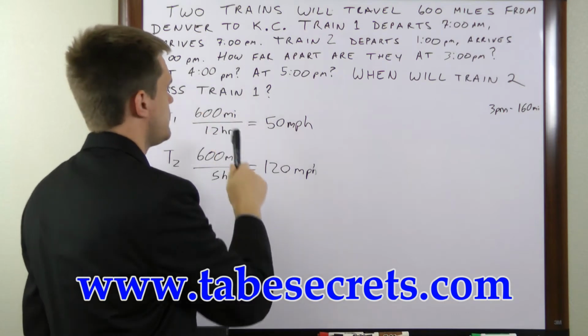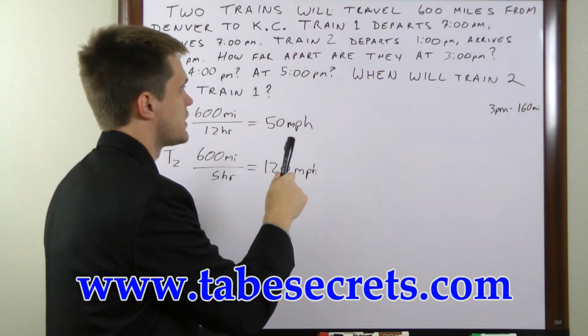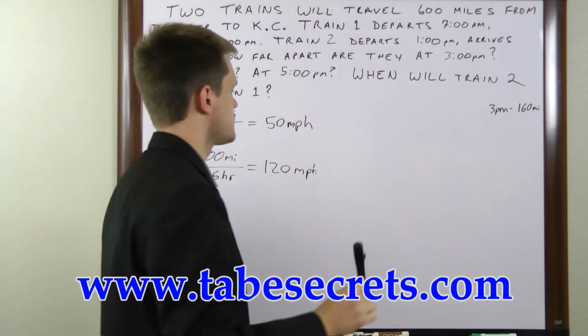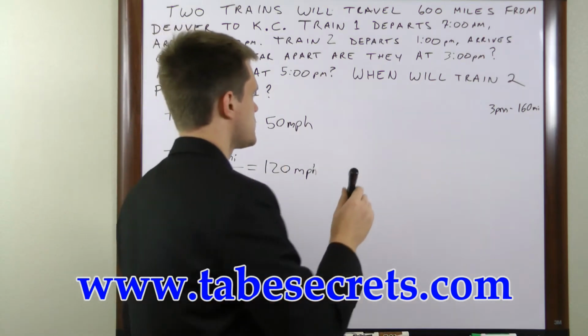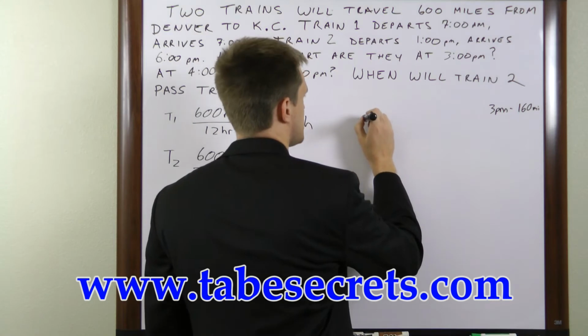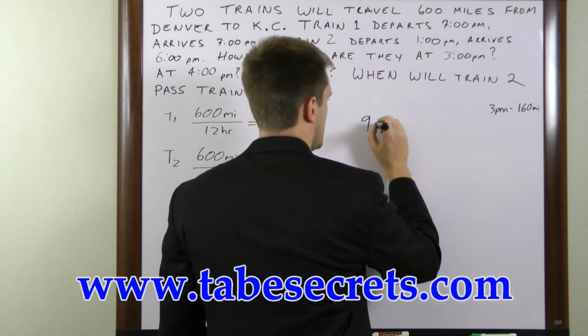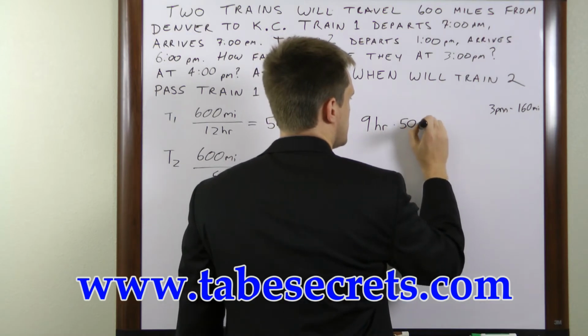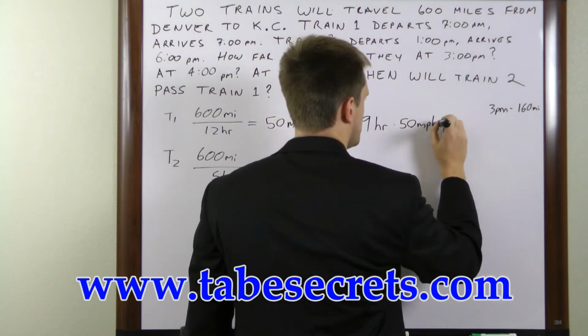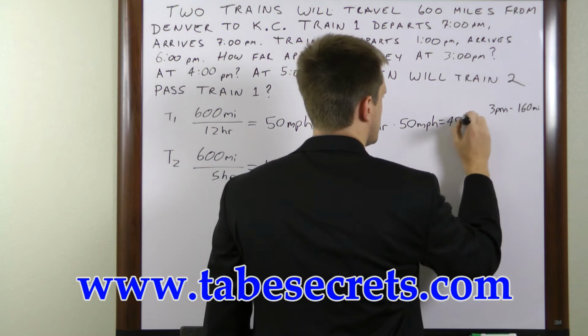Now at 4 p.m., train 1 has been traveling for 9 hours, and train 2 has been traveling for 3 hours. So let's calculate their positions at 4 p.m. So we've got 9 hours times 50 miles per hour, and that is 450 miles.